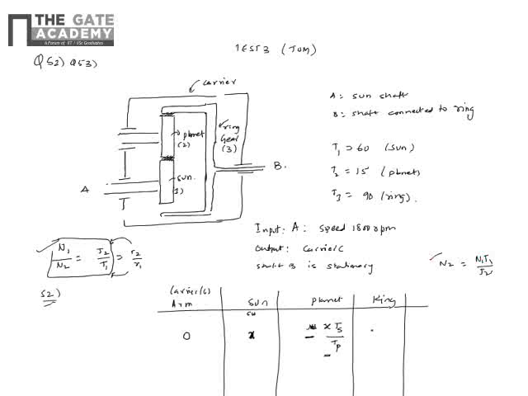The speed n1 is nothing but the planet speed, so this is your planet speed times the planet teeth by the ring teeth. So this is how I get the ring. Okay, and why minus again? Because now this is internal meshing, so when the planet rotates clockwise, the ring also will rotate clockwise. Whatever speed direction is there for the planet, the same direction will be there for the ring.